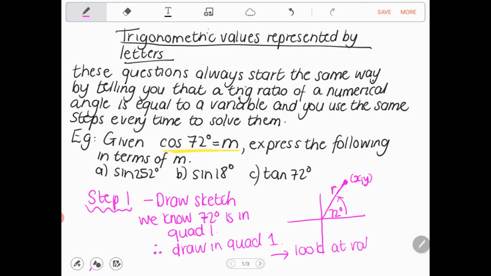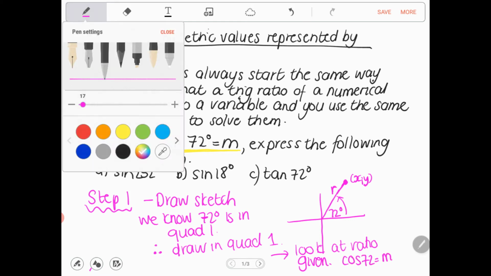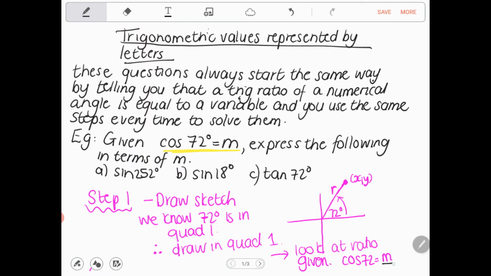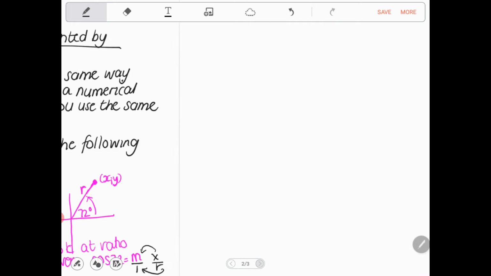Look at your ratio that you've been given. We've been given cos of 72 is equal to m. And now I need to give it a denominator so that I have cos is x over r. So that is your x and that is your r.